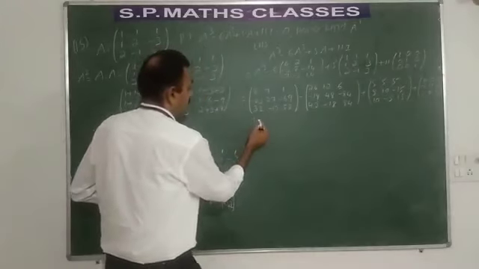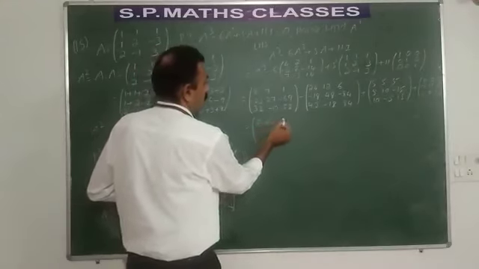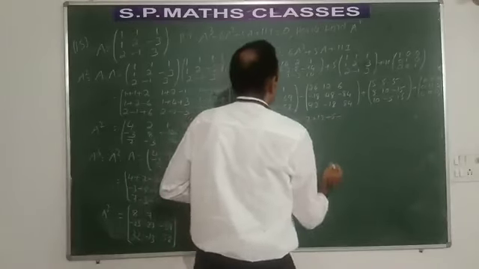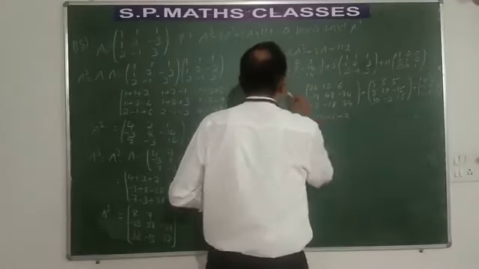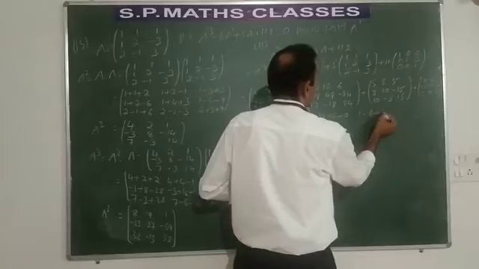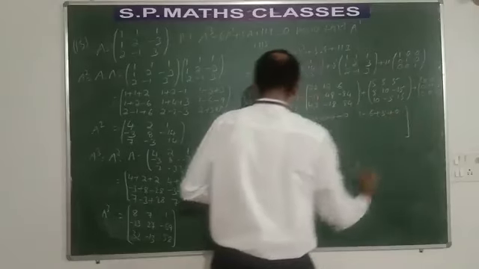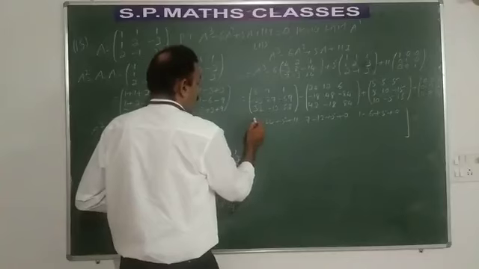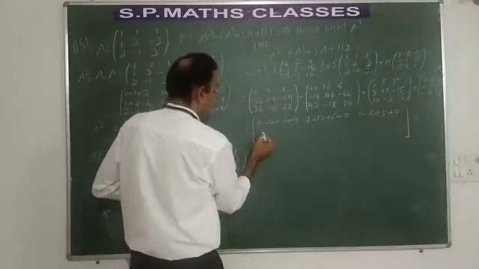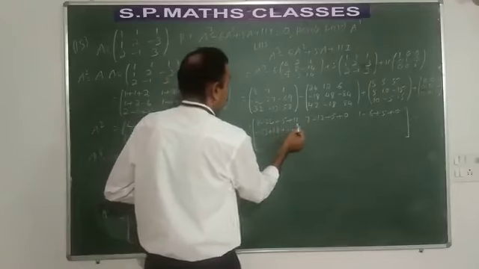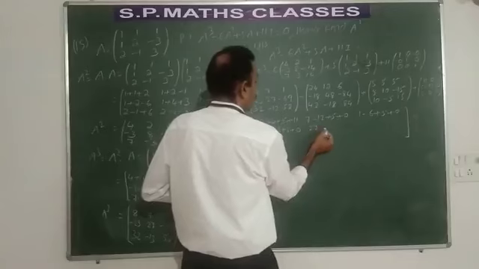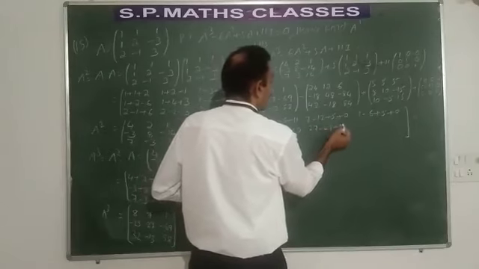Now simplify. 8 minus 24 plus 5 plus 11. Next 7 plus 12 plus 5 plus 7 minus 12 plus 5 plus 0. Next 1 minus 6 plus 5 plus 0. First row is over. Take up the second row. Minus 23 plus 18 plus 5 plus 0. 27 minus 48 plus 10 plus 11.